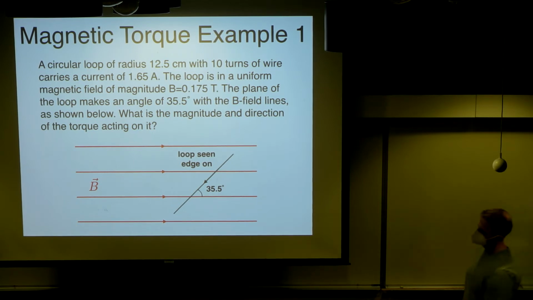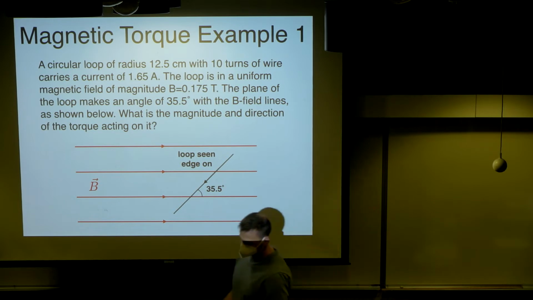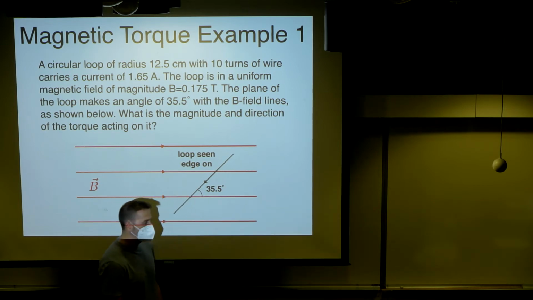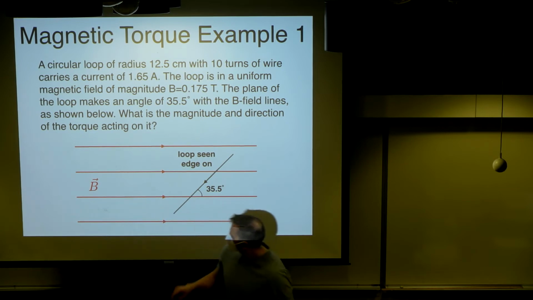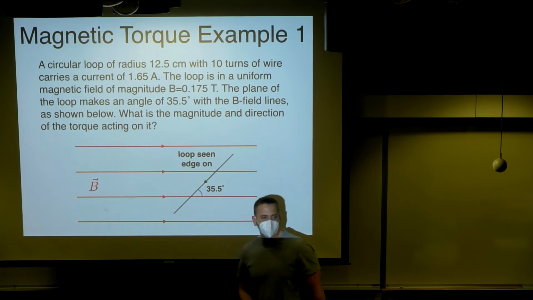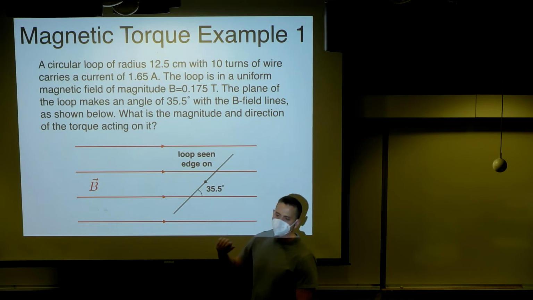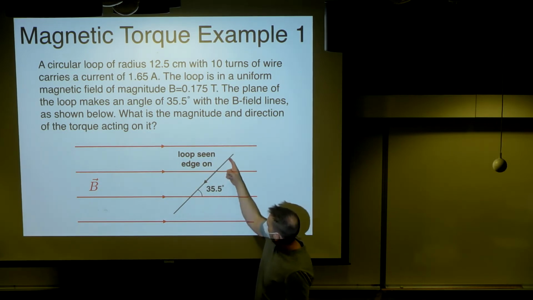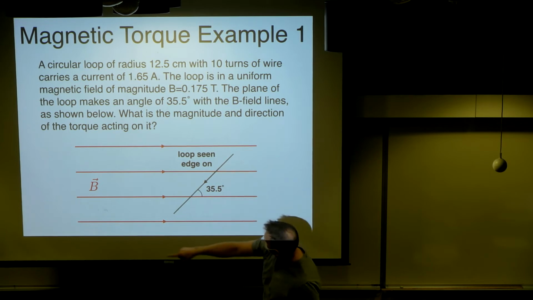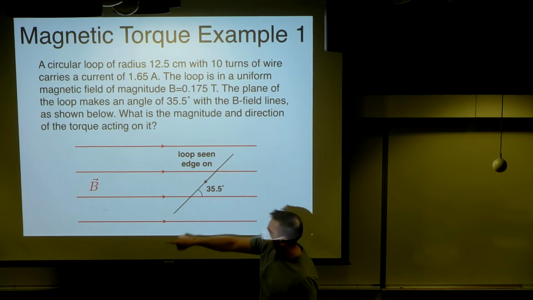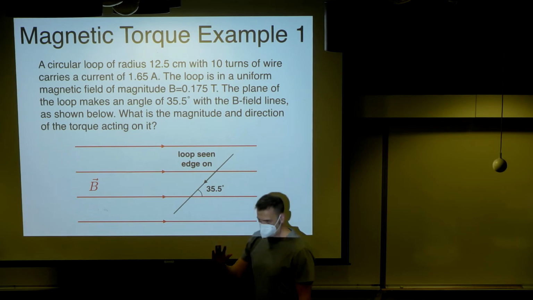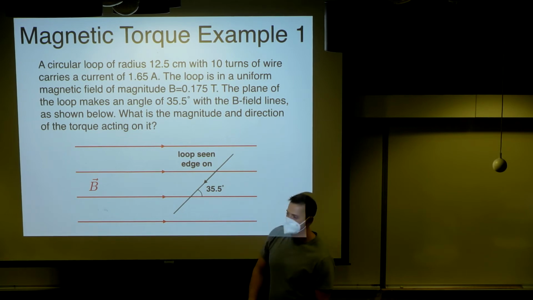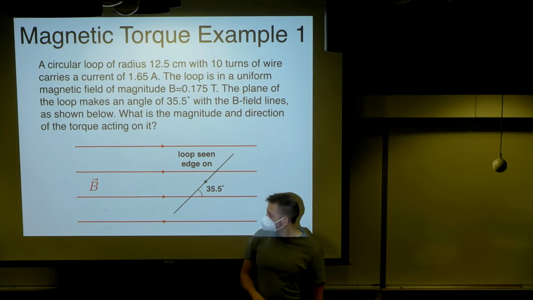So just like before, we're going to start with the direction. And again, when we see a loop edge on like this, the arrow is trying to tell you that the side that's closest to you has a current going this way, okay? But what you should be thinking is the current is actually circulating like this around the loop. Does that make sense? Okay, so let's do, using the right-hand rule, the direction of mu.